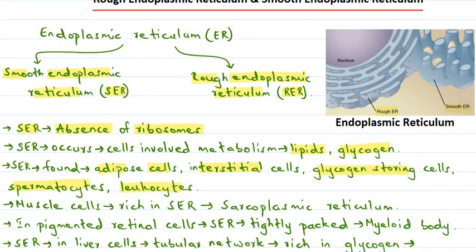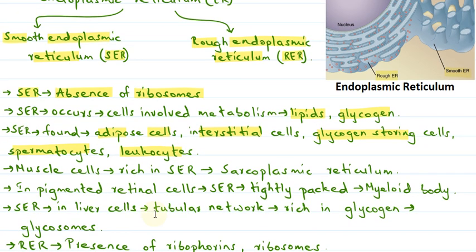Then the muscles that are rich in SER are called the sarcoplasmic reticulum, and in pigmented retinal cells, SER is tightly packed and it is known as myeloid body. Then this SER can have different morphology in different cells, such as in liver cells it has a tubular network which is rich in glycogen and it is known as glycosomes.